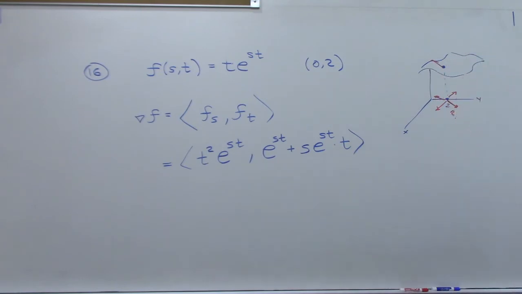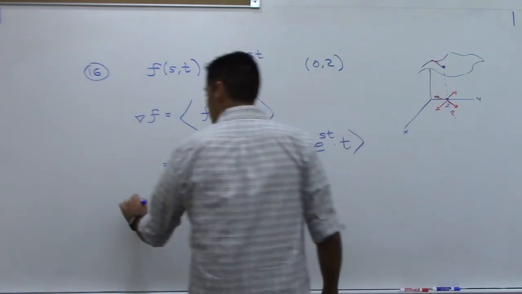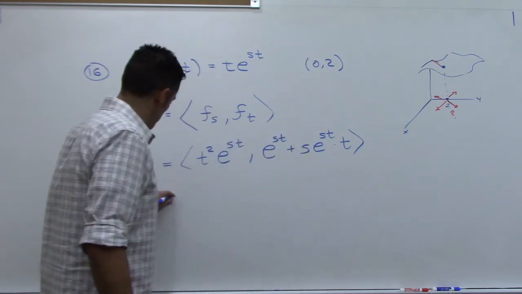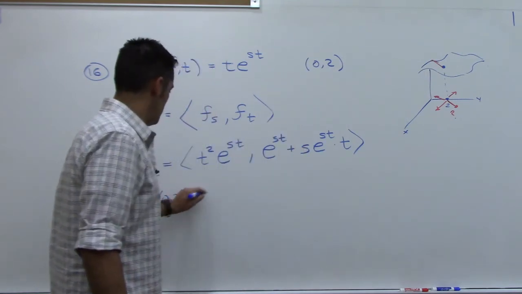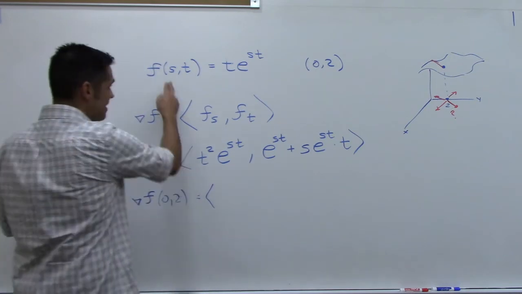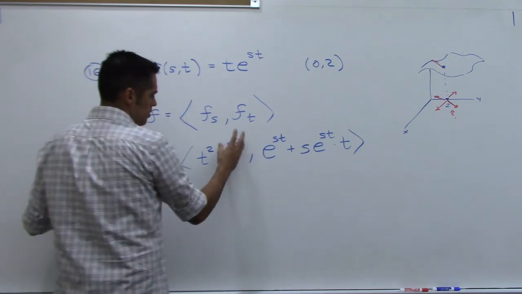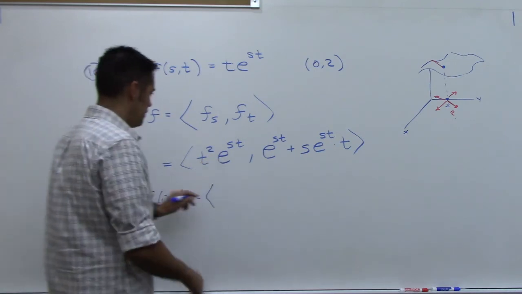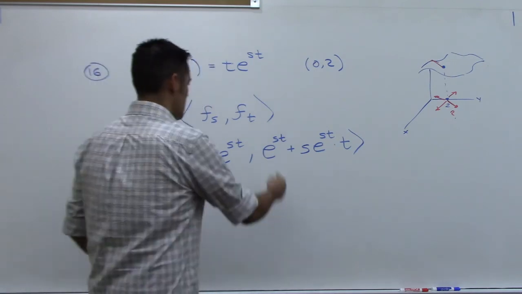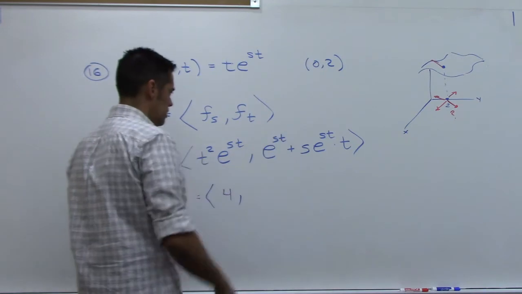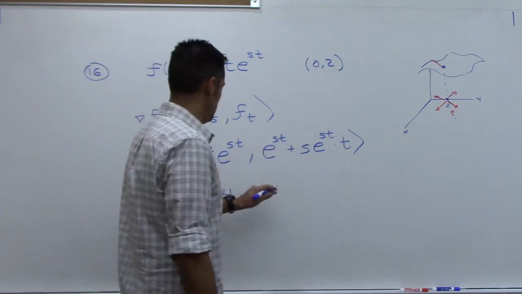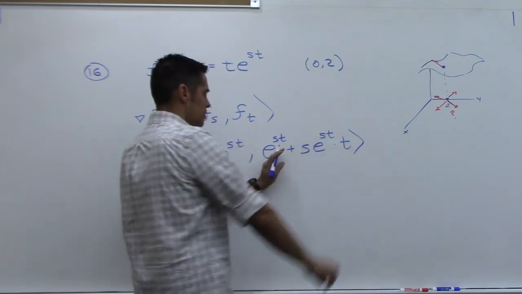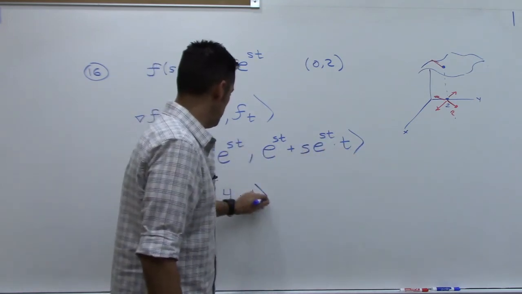That's your gradient vector. Now I find the gradient vector at the specific point. I plug in 0 for s, be careful. e to the 0 is 1, and then t is 2, so t squared is 4. 4 times 1 is 4. Again e to the 0 is 1, and over here s is 0, so it kills everything else off, so I just get 1.